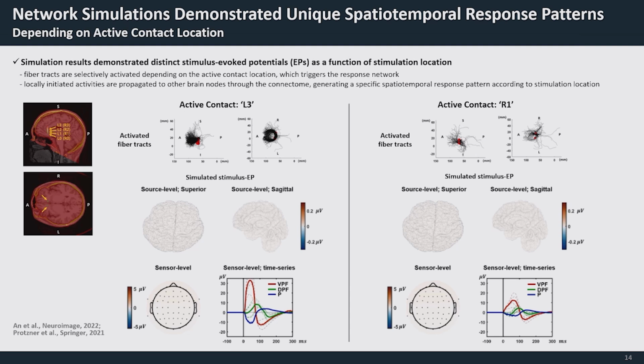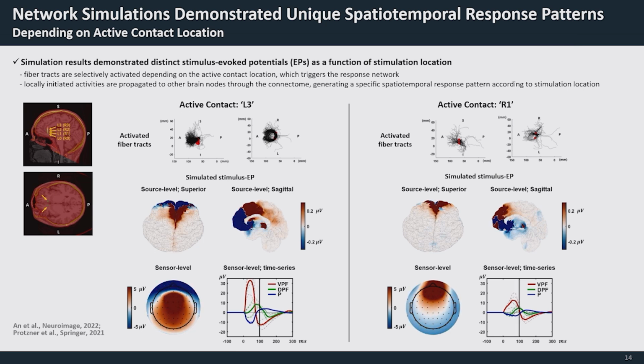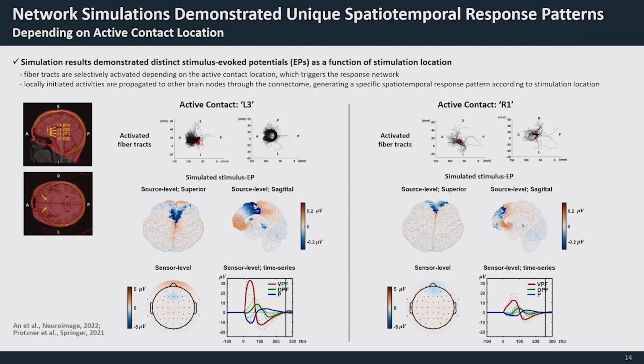So due to the activation of fiber tracts, the locally initiated activities are propagated to other brain regions through the individual connectivity, generating a specific spatiotemporal response pattern according to the stimulation locations. So we performed this simulation for 8 different electrode contacts and identified distinct EP patterns.